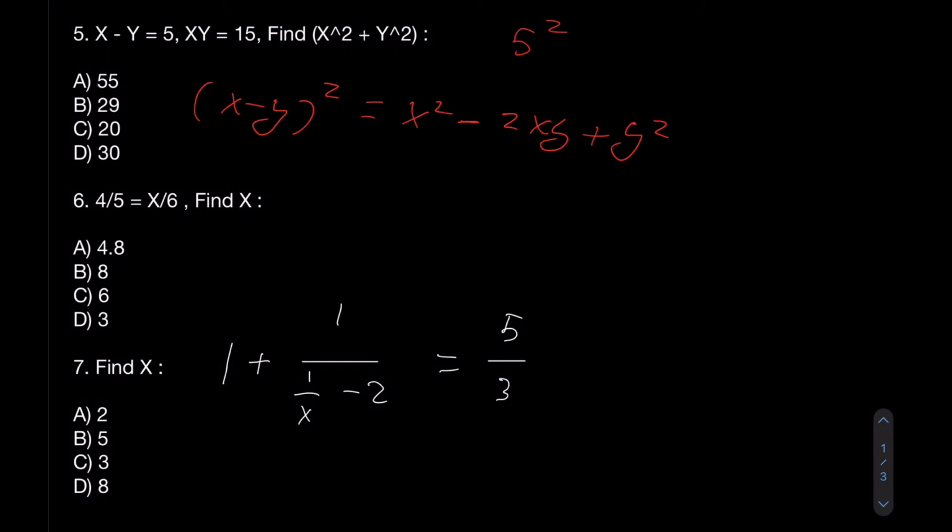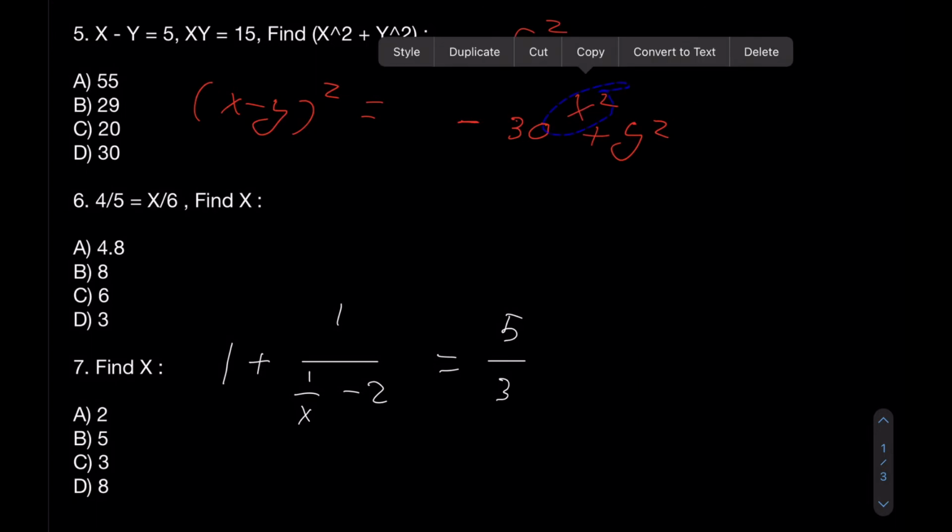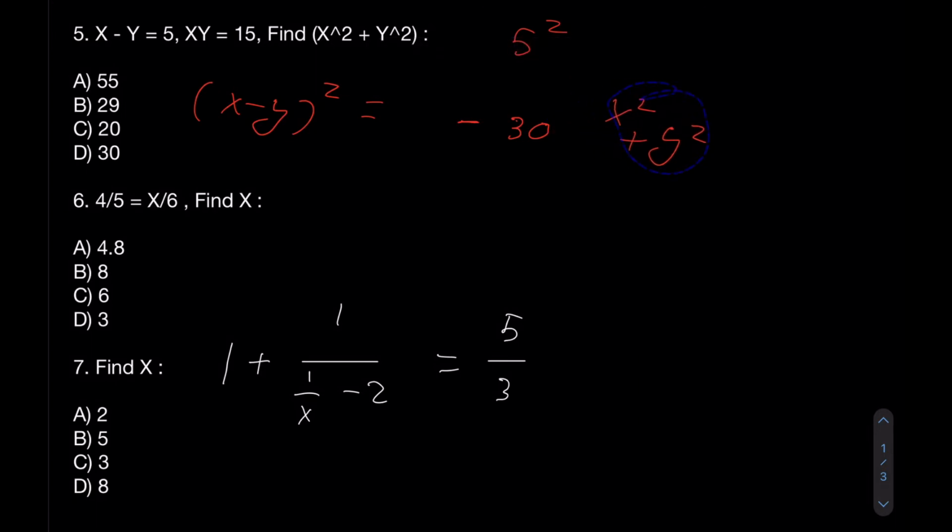And so we can use the rest of the equation for it. So we've got xy is equal to 15. So we can make this 30. And so if we're going to just take this apart here, now this is what we're looking for, and we've got 5 squared, which is 25.